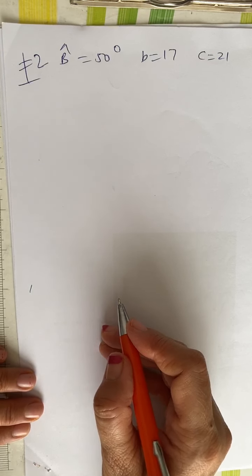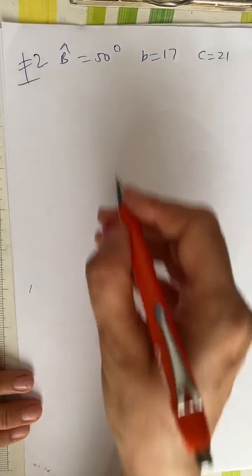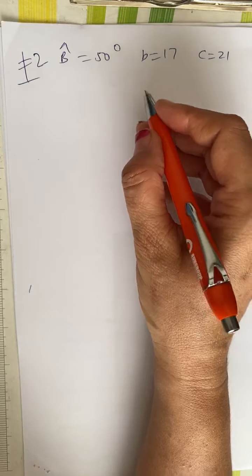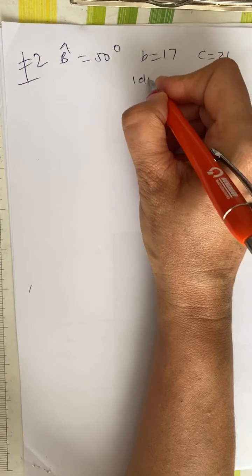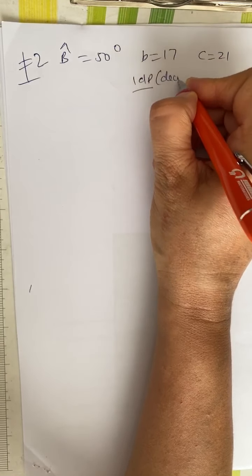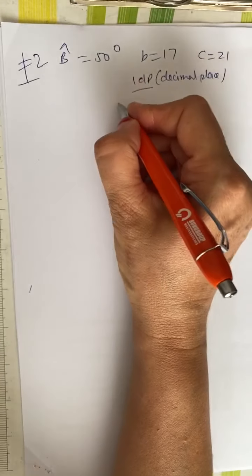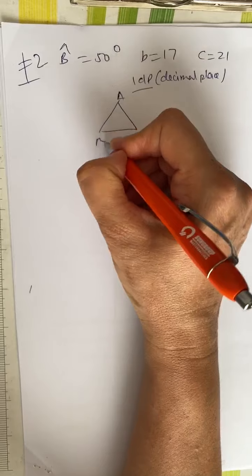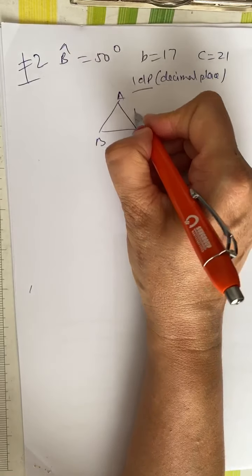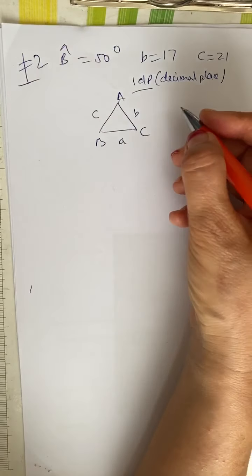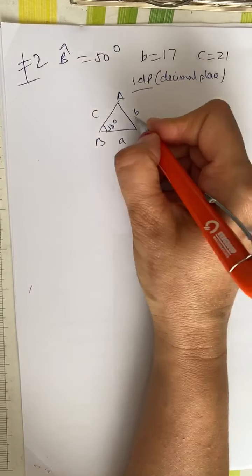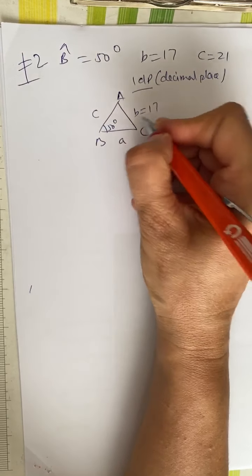And now we need to find, again the same thing, all the sides, and you need to give your answer to 1 dp. dp means decimal place. So I'm going to first just draw A, B, C to get an idea. So this is B, this is A, this is C, and then my angle B is 50 degrees, and this side b is 17 and c is 21.